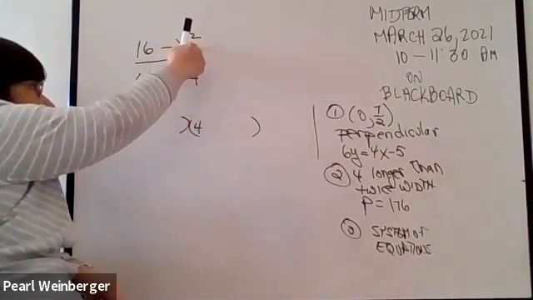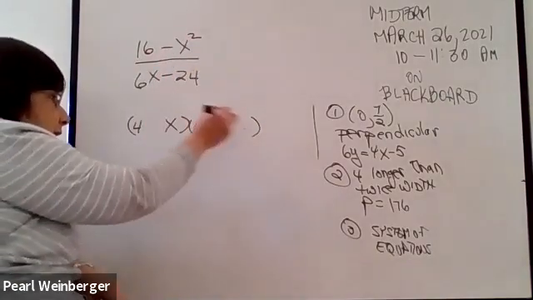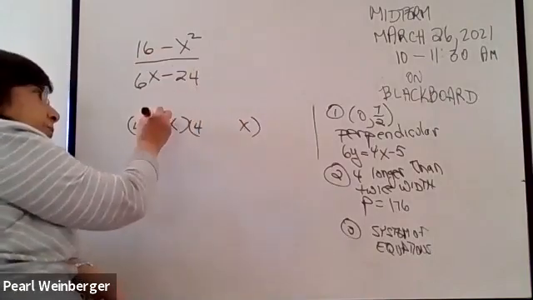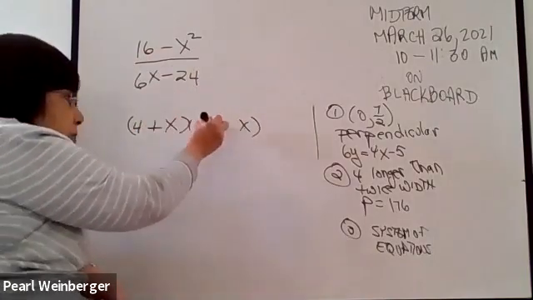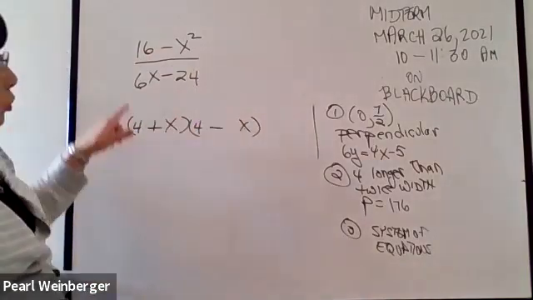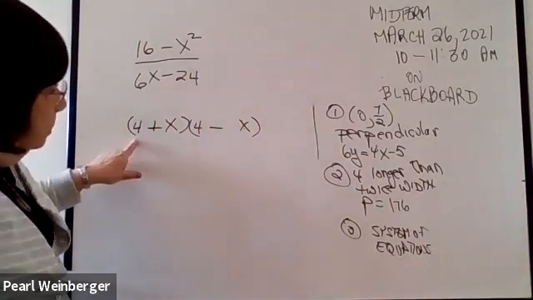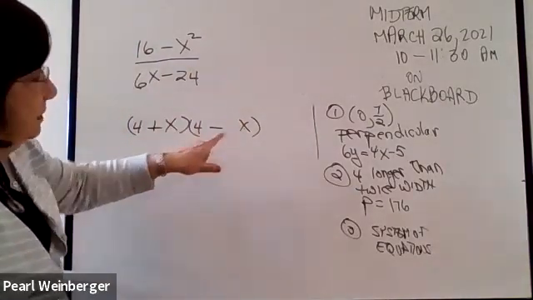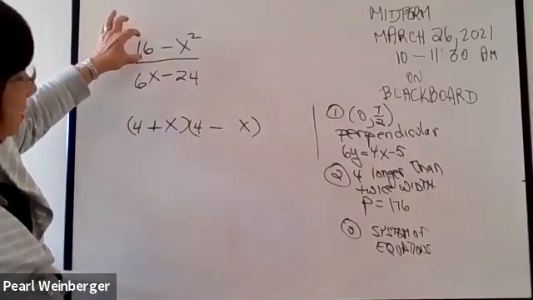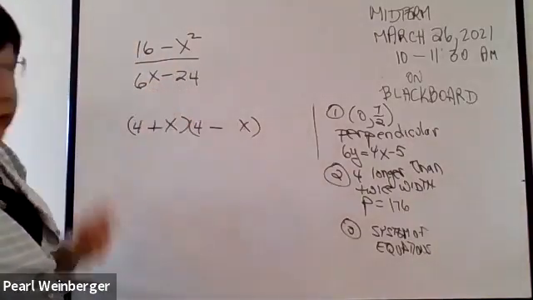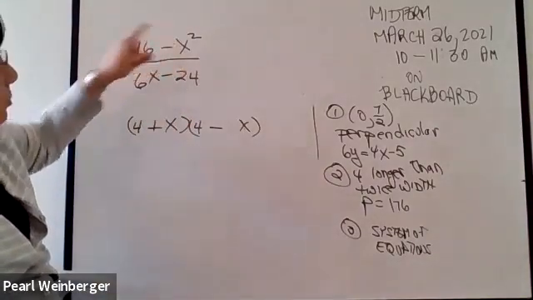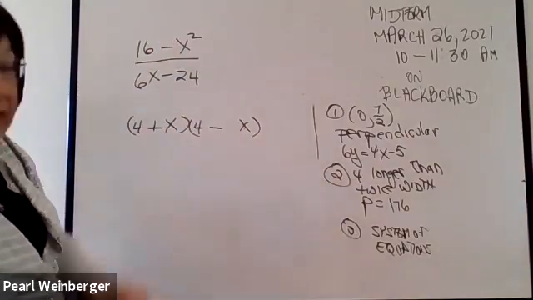X squared is a perfect square, it's x times x. And in one parenthesis we have to put a plus, and in one we have to put a minus. Notice this factors to 4 plus x and 4 minus x, because this 16 came first, so the 4's have to come first. And the x squared came second, so we had to put the x's second.